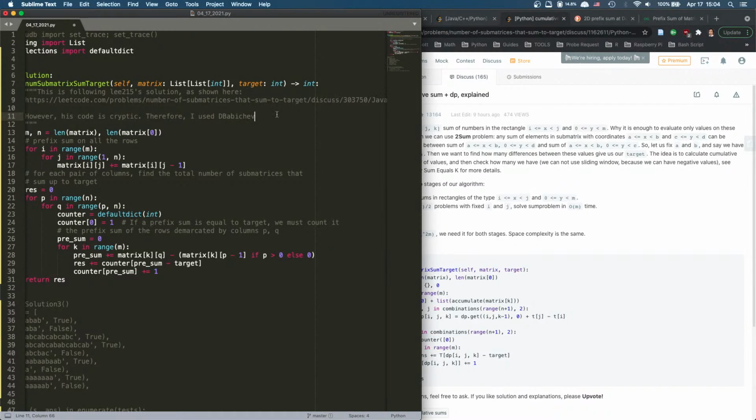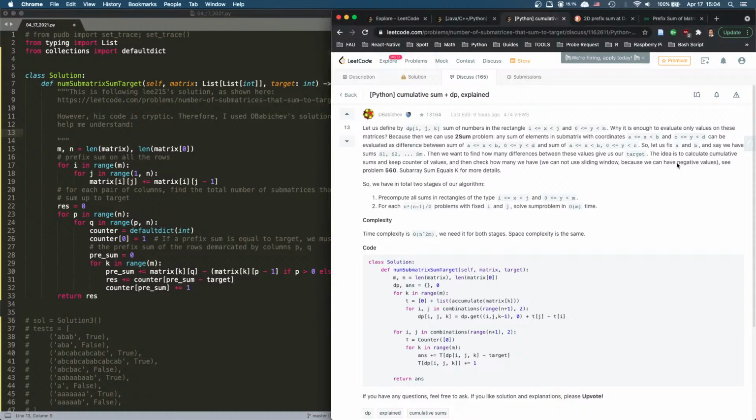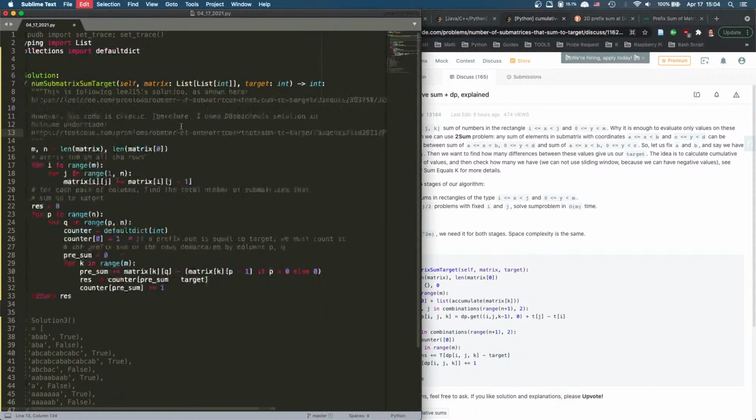I use D. Babichev solution to help me understand. Once that's broken down like this, it's not that hard. It happens to all of those hard problems.